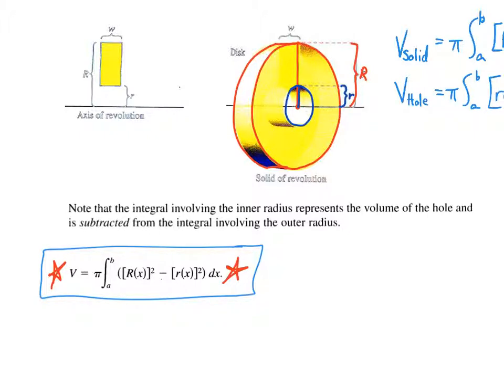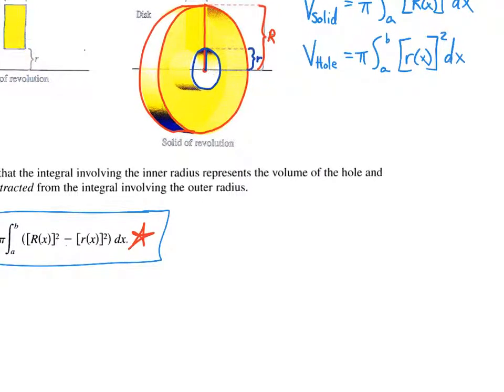Okay, and this is kind of cool because we don't have to have the same shape on the outside as we do on the inside. We could have a bowl, say something that looks like this, a normal bowl on the outside, but the inside may kind of be like a funnel.